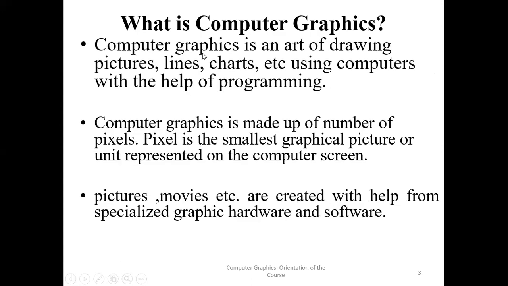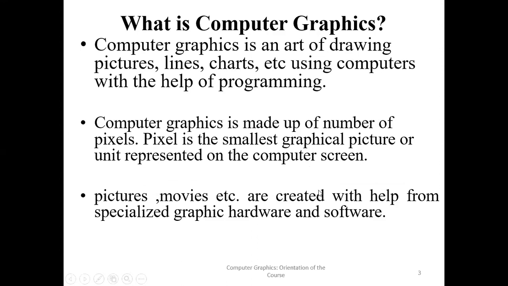So what is computer graphics? Computer graphics is an art of drawing pictures, lines, charts, designs using computers with the help of programming. And computer graphics is made up of a number of pixels. What is a pixel? Pixel is the smallest graphical unit represented on the computer screen.